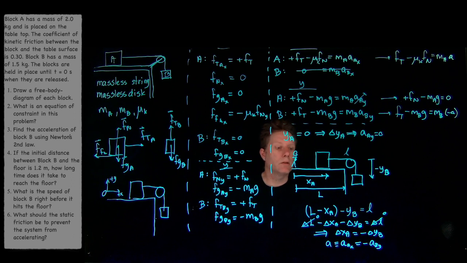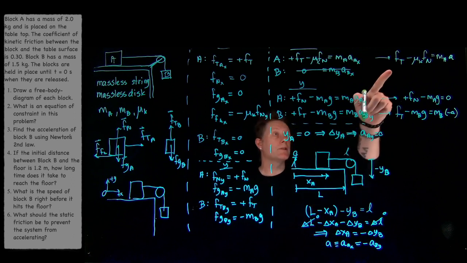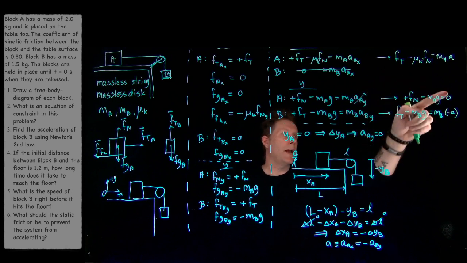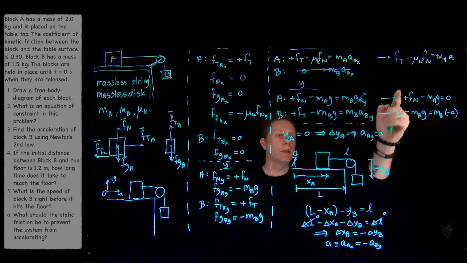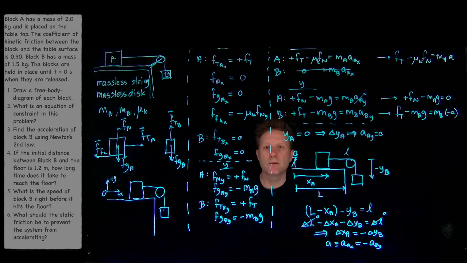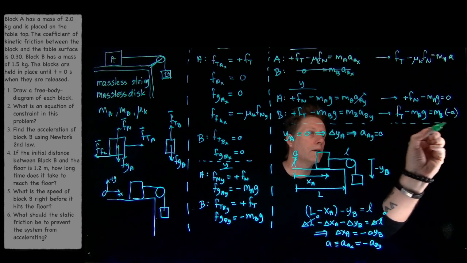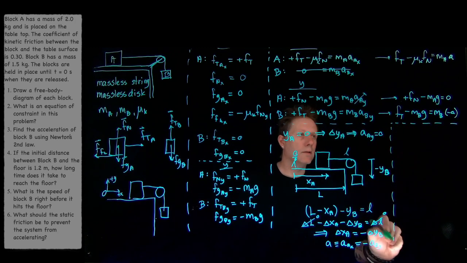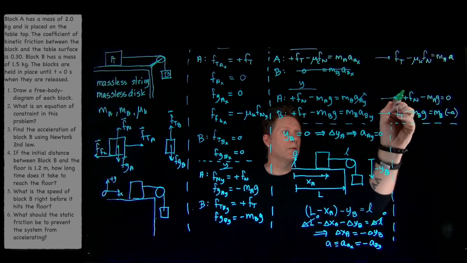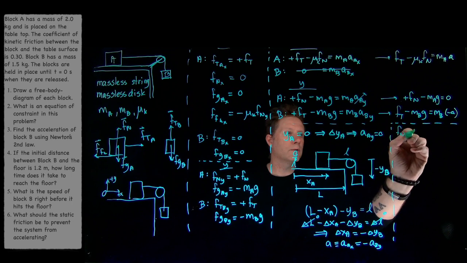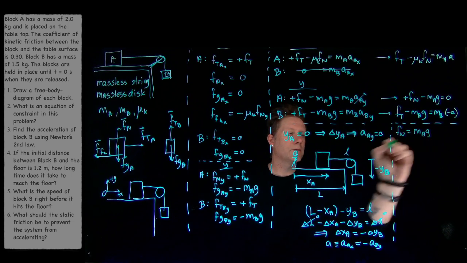So this gives us, let's see what do we have now. Tension is not known, normal force is not known, A is not known, but we have 3 equations, 3 unknowns. For example, this equation here tells us that the normal force is equal to mass A times the acceleration of gravity.